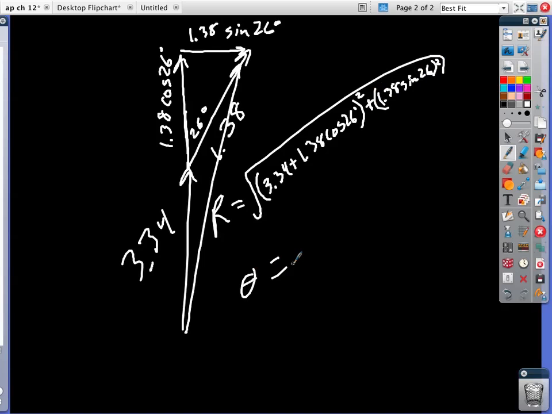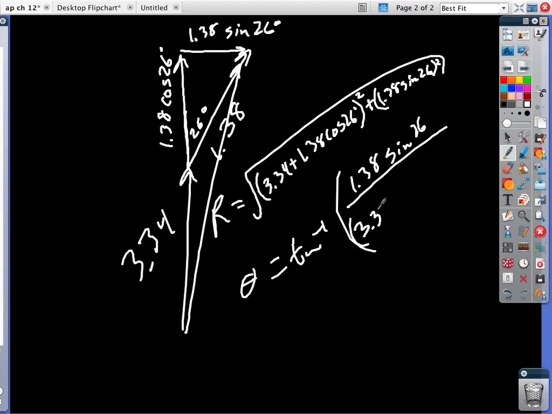And then theta is going to be equal to the inverse tangent of 1.38 times sine 26 over blah, blah, blah.